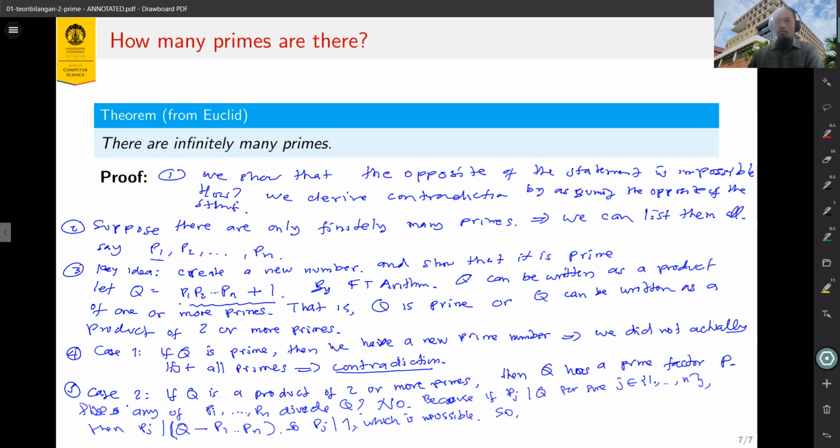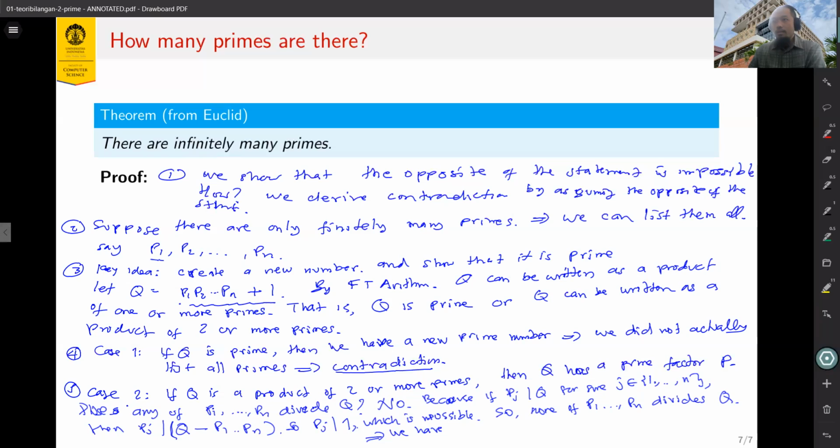So none of P1 up to Pn divides Q. What does it mean? We know that Q has a prime factor P, right? That means P is not among P1 up to Pn.